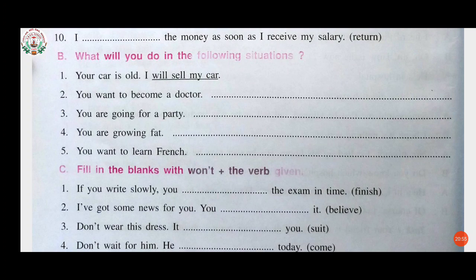And second is you want to become a doctor. What will you write? I will work hard. What will you do if you want to become a doctor? You have to work hard, so I will work hard. Third is you are going for a party. So what will you write? I will wear a nice dress. If I'm going to a party, then I'll wear a nice dress.